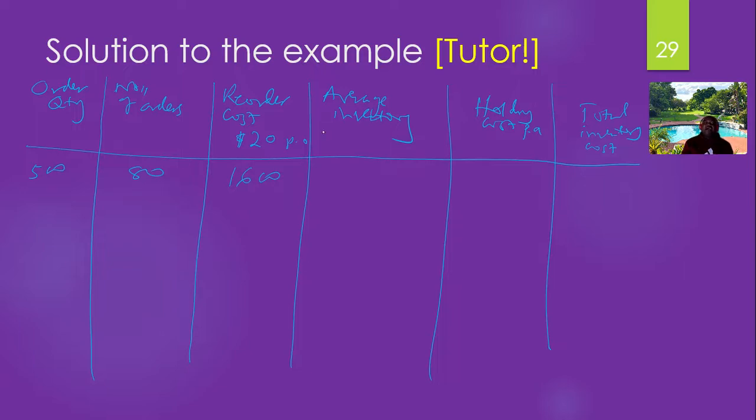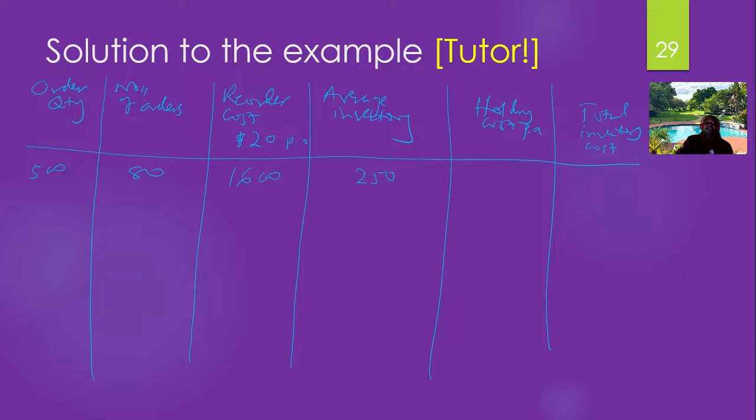And then the average inventory, when we are ordering 500 per order, it means the average inventory is order quantity divided by 2, which is equal to 250.